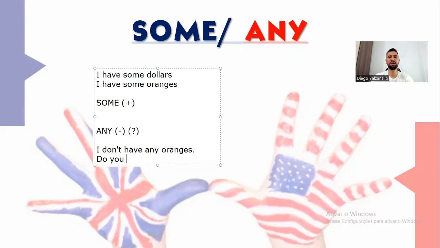Do you have any oranges there? That's when we are gonna use any. Any I'm gonna use for questions, interrogatives, or with negatives. Okay? No questions here. Let's move on.